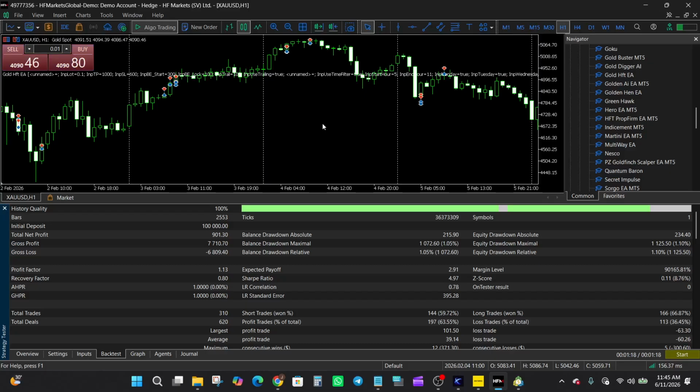Now, stepping back from the chart, the key takeaway here is how the system prioritizes execution discipline and risk control over trade frequency. Everything from break-even logic to session filtering is designed to manage exposure during breakout conditions.